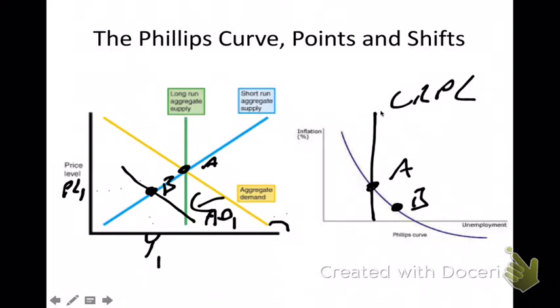So recessionary, you're to the right of long-run equilibrium. Inflationary, an inflationary gap, you're going to be to the left. Okay, so if you have a situation now, again, let's redraw this situation here.